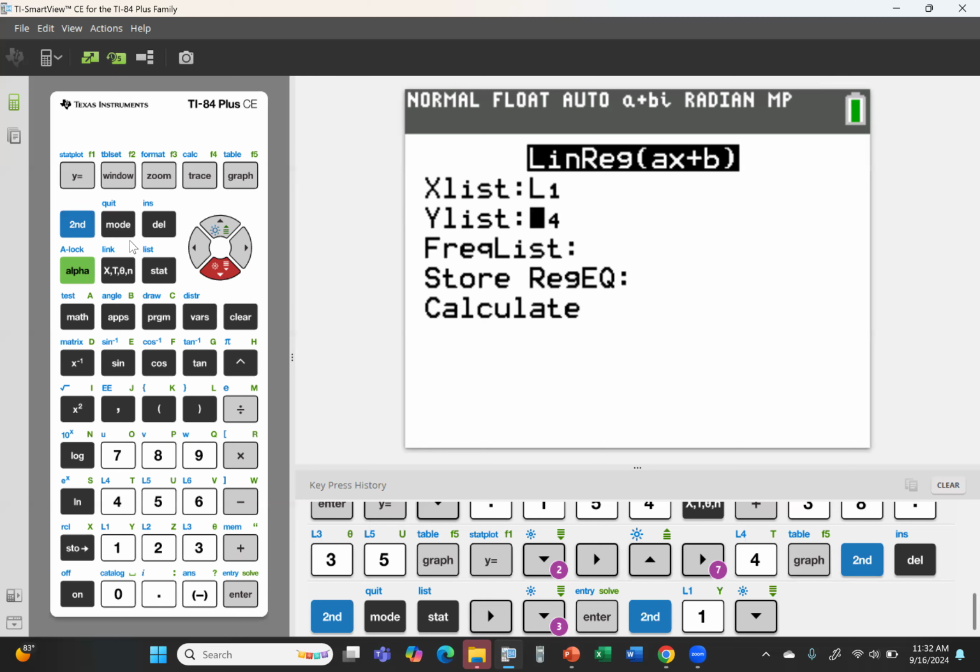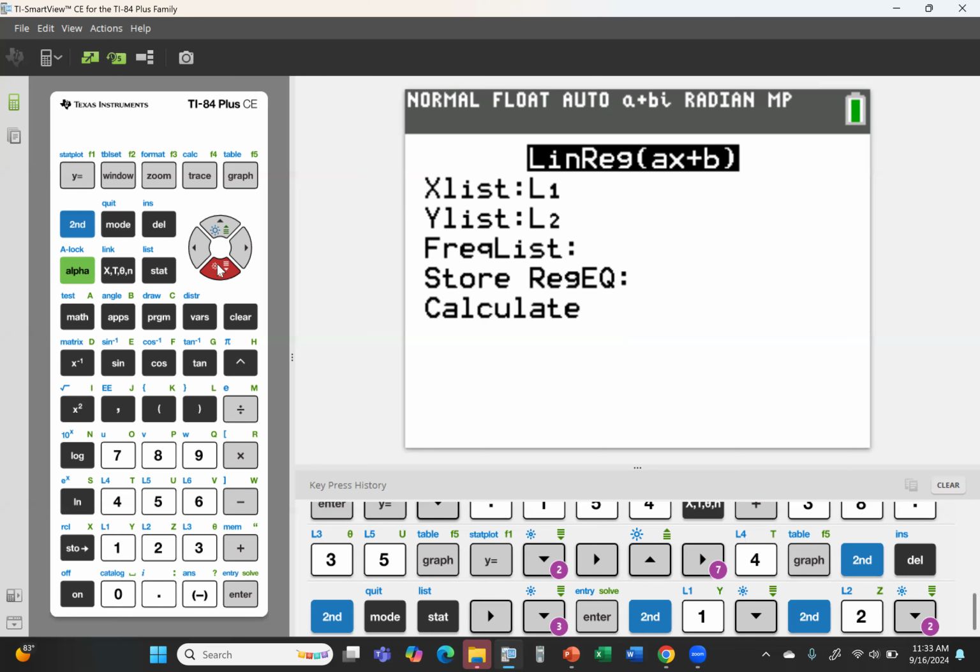So I'm going to tell my calculator L2. I don't have a frequency list. And the last thing I need to do is to tell my calculator where to put this equation so I can graph it. This is the hardest part of this because you have to go through multiple steps to find where to put this, okay?